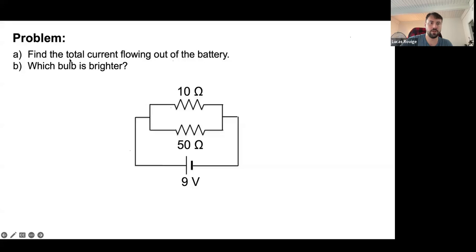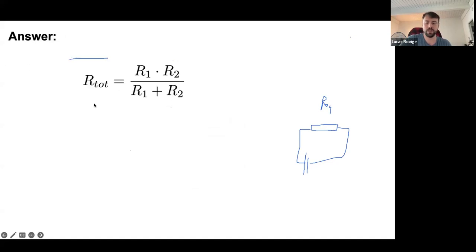To get the total current, we can say that this circuit is equivalent to a circuit with a single resistor, the equivalent resistance given by the combination of those two resistors in parallel. To obtain the equivalent resistance of resistors in parallel, we add the inverses of the resistances.